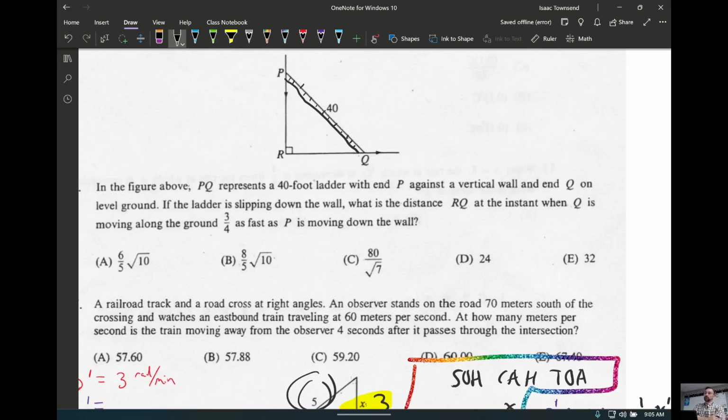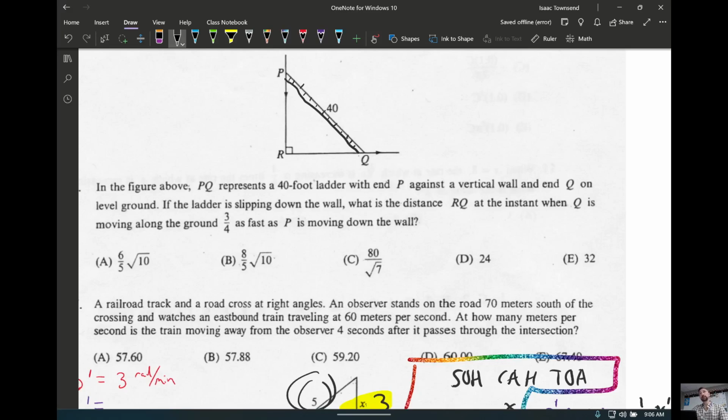Okay, well, we've got to get some information out of this. So, first thing, when it says like PQ, it's talking about the hypotenuse. And you can keep up with PQ and PR and RQ and P and Q and R if you want.